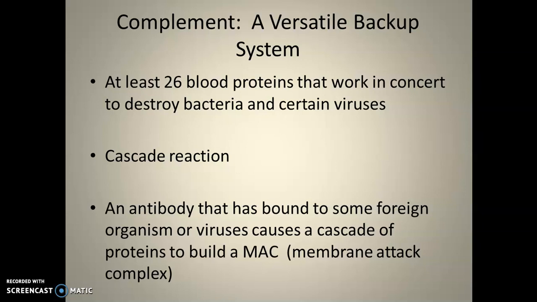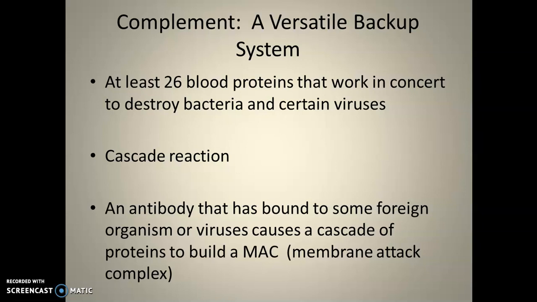I always call it a protein donut. You're essentially building a protein donut either in the surface of a virus or certain types of bacteria, right? And if you build a protein donut or a membrane attack complex in the surface of these things, it essentially creates a hole or a pore that will lead to the lysis of that.